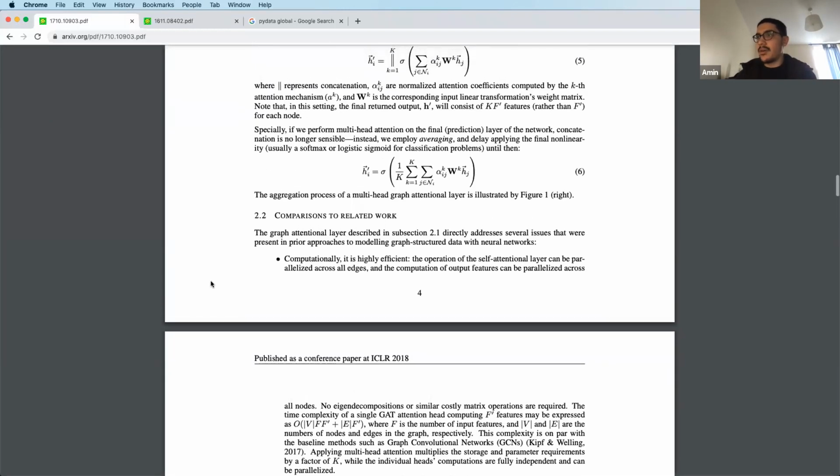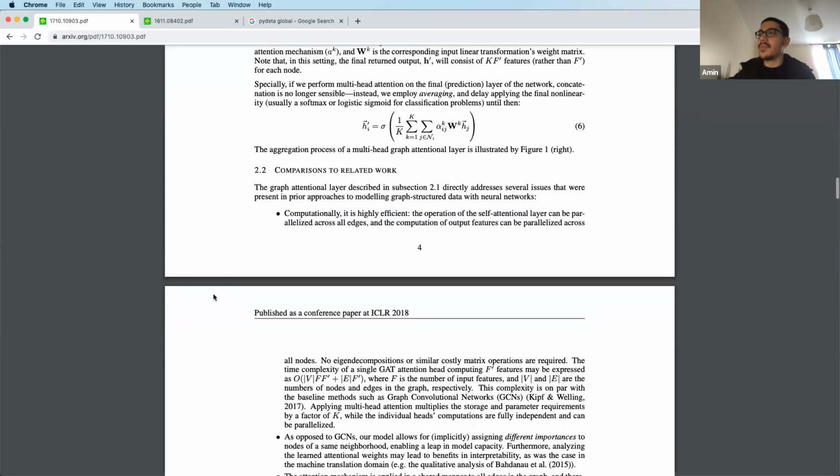A good thing about the model is that because attention is edgewise, as I mentioned earlier, you can parallelize this operation over the edges, and because computing the output features for each node is shared, it can be parallelized across all of the nodes.